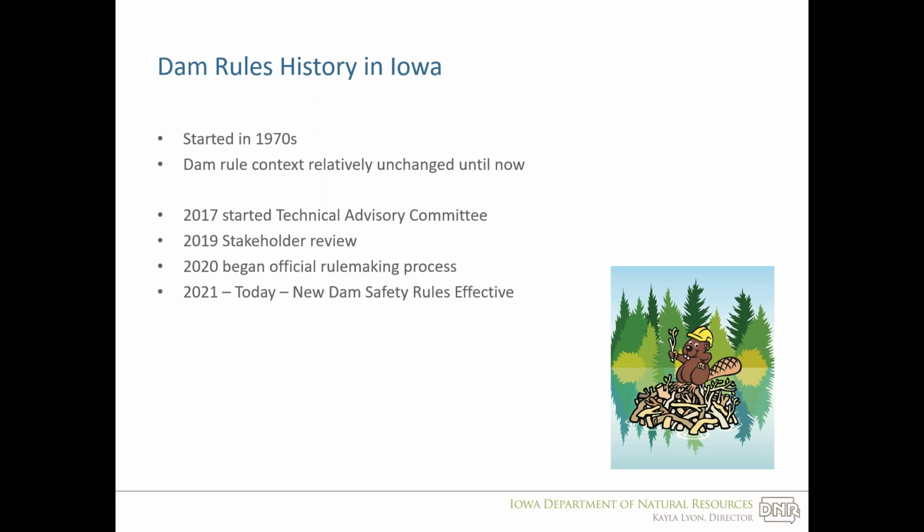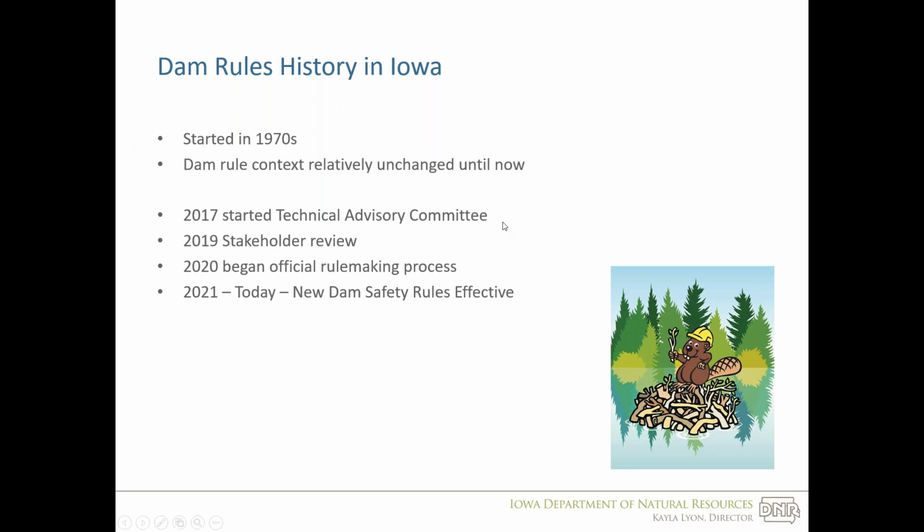And then in 2020, we actually began the official rulemaking process, sent it to the Environmental Protection Committee and the Rules Committee and the Governor's Office, a few legal reviews on the way, and finally it got to where it is, and code editors changed some wording, and then finally that got it to where it is today. So today is the effective day of the new rules packet that are in the handout section and on our website.